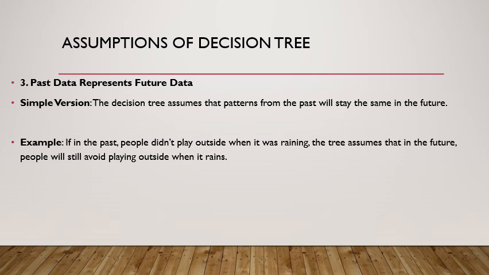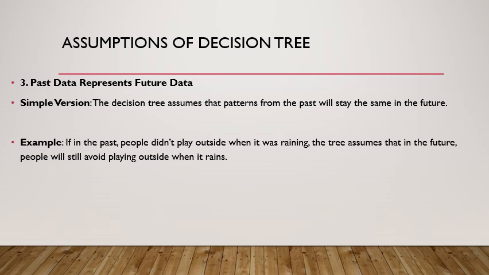Next, past data represents future data. Here, the decision tree assumes the patterns from the past will stay the same in the future. This assumption will be wrong in some cases and right in some cases. We will discuss it in later sessions.